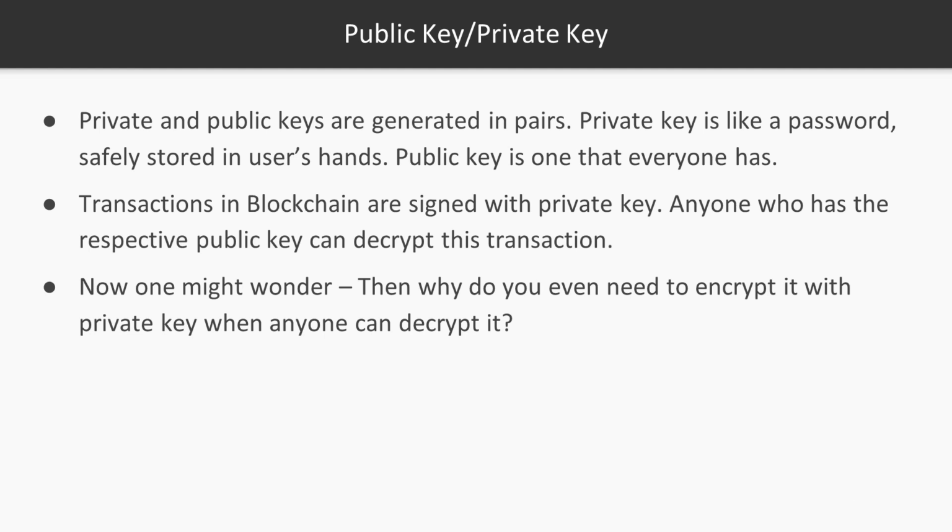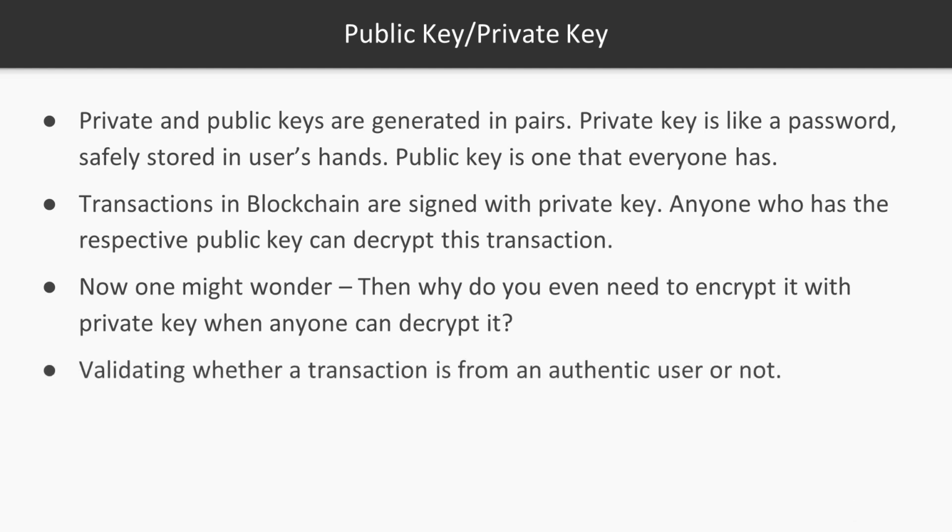If you sign a transaction with the private key, the people who can decrypt it, everyone having the public key, can understand that it is signed by you because only you have the private key, thus validating whether the transaction is signed by the authentic user or not.